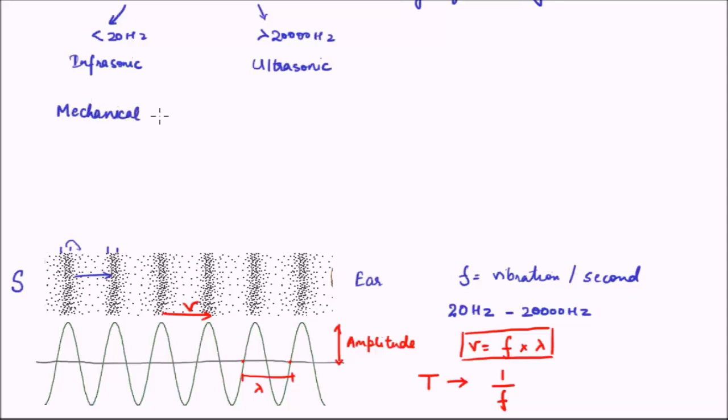Mechanical waves. We also know that since there is a continuous change in the pressure of the regions, what is happening is that kinetic energy is getting converted to potential energy continuously, and that is transmitted throughout.